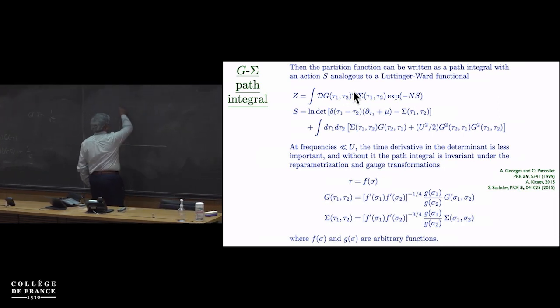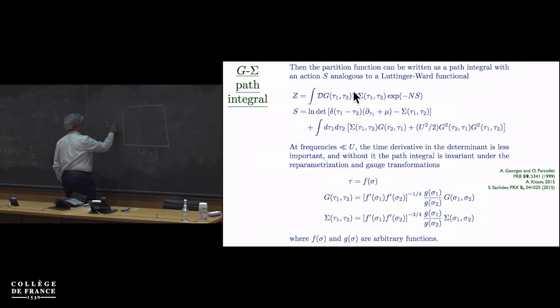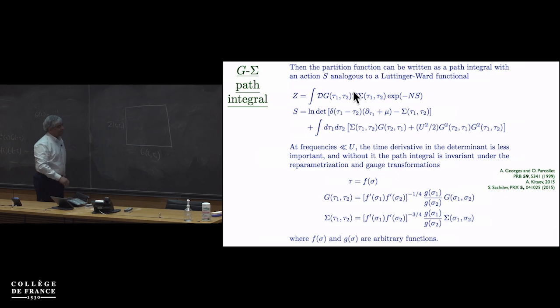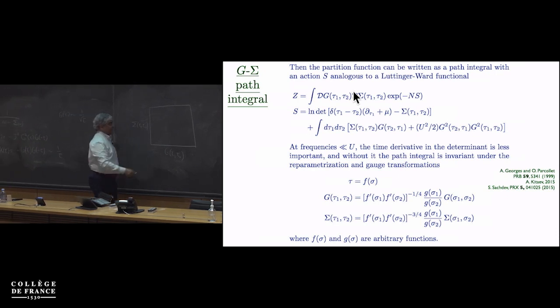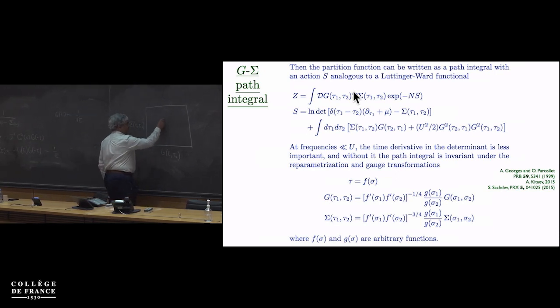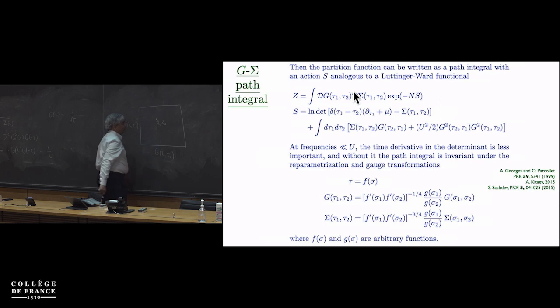Okay, so you have this very huge space. I'm just drawing a 2-dimensional section of it. Say this axis is G of tau 1, tau 2, and you have sigma of tau 1, tau 2. So you're integrating over all of this space, and your first step is to find the saddle point. So you look for a saddle point. Let's call that G_s and sigma_s.